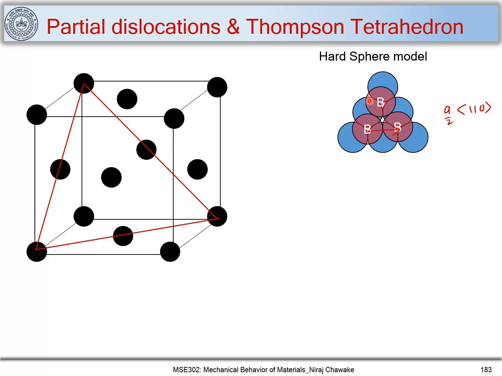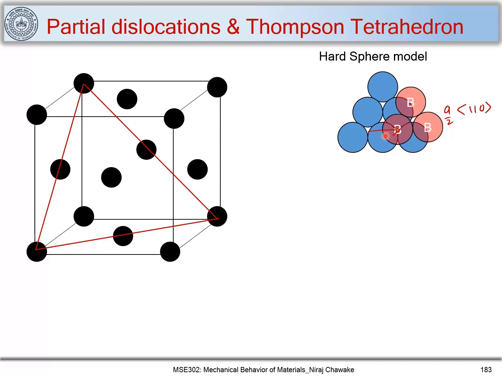But however, when a glide occurs, let's say in this direction, you retain the crystal structure, because this shortest lattice translation vector is a Burgers vector.